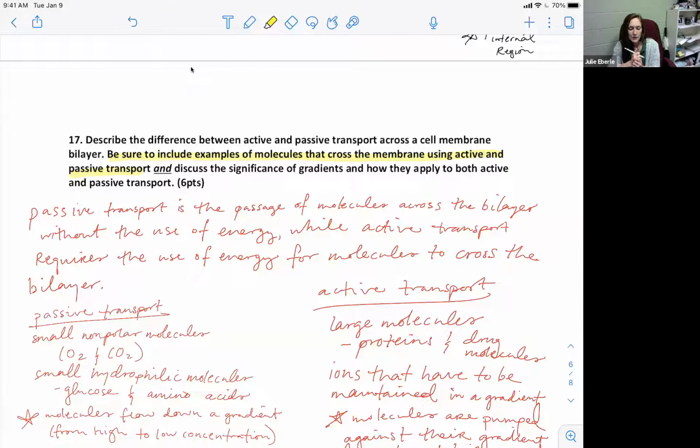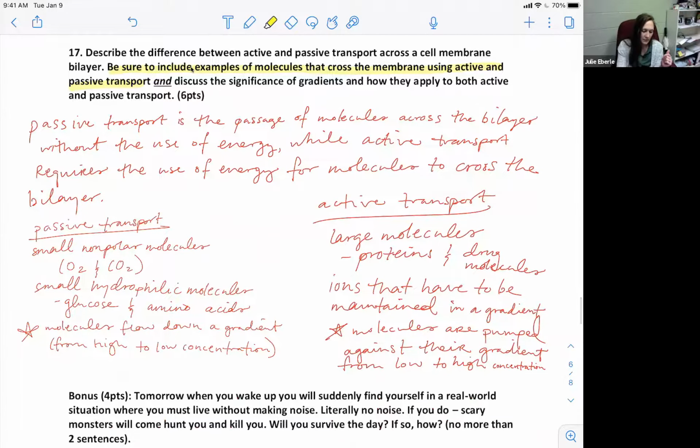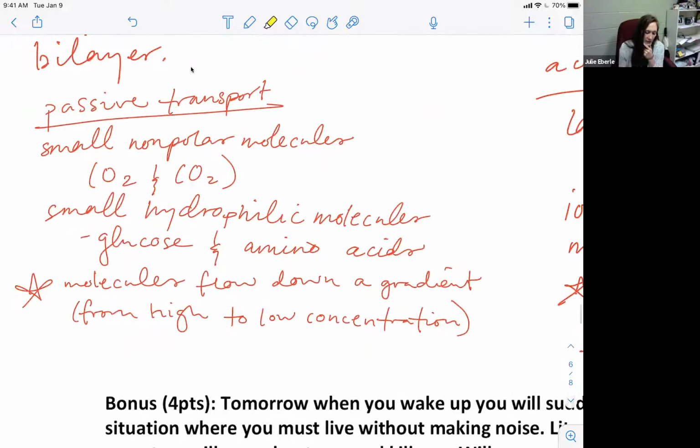Active transport, they're pumped. And the way the gradients play in is down here by my stars, okay? In passive transport, molecules flow down a gradient. The gradient is directing how the molecules flow. So the molecules flow from an area of high concentration to an area of low concentration, down a gradient.